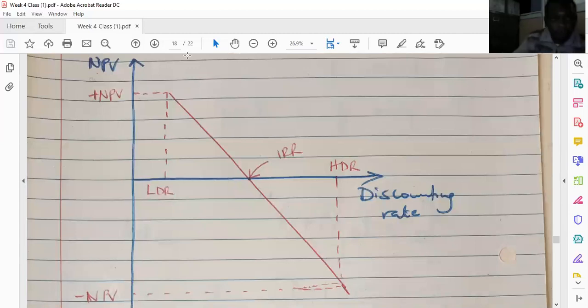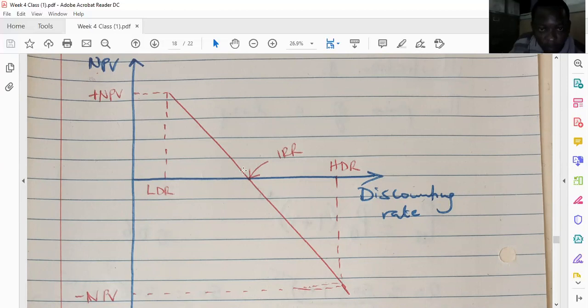So in this case, back to our graph, the slope we said is constant. So you all know that to get the slope of a line, we take the change in the y-axis divided by the change in the x-axis. The change in the vertical axis divided by the change in the horizontal axis. So in this case, if we get the gradient of this line, we'll be able to get the internal rate of return.